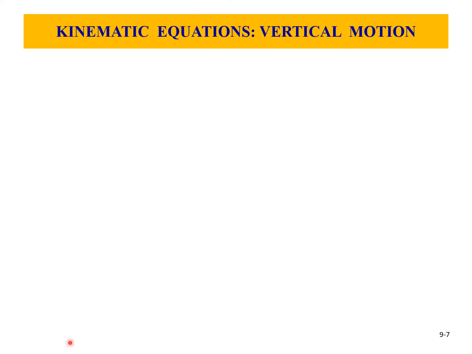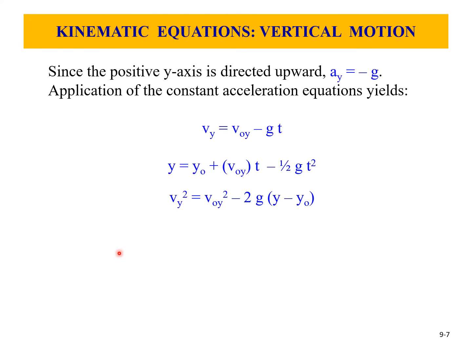For the vertical motion, we have acceleration a_y equals minus g, and we have these equations of motion for constant acceleration. V final equals V initial minus gt in the y-axis, and the final distance equals initial y distance plus the initial y velocity times time minus half gt squared, and the final velocity at y squared equals the initial velocity at y squared minus 2g times the difference between the y distances.